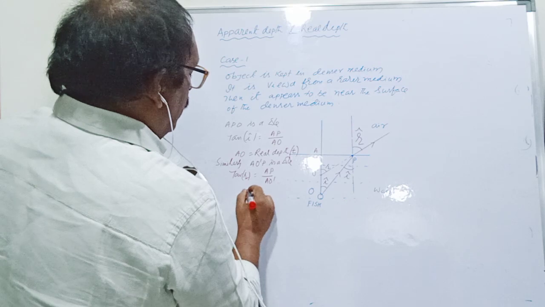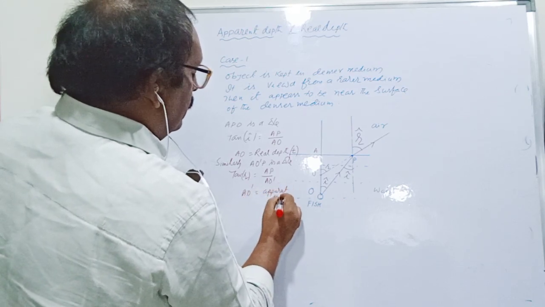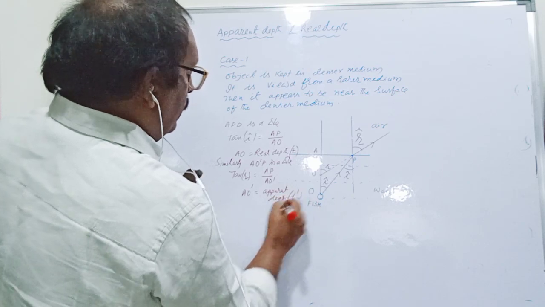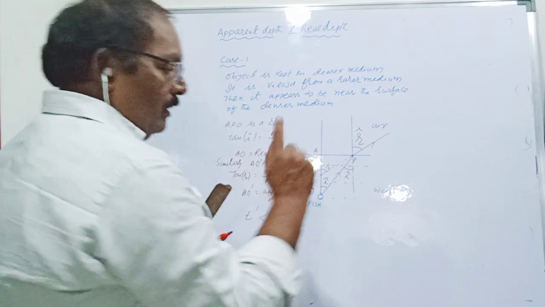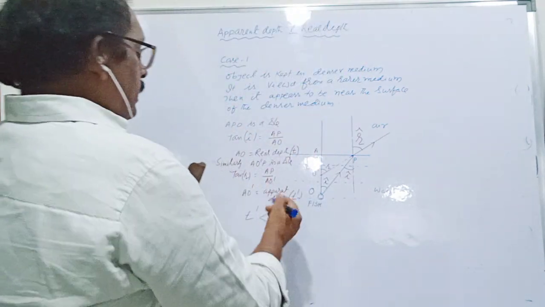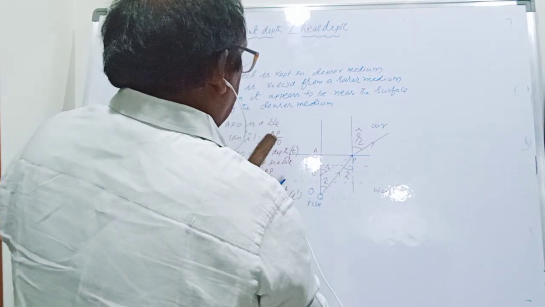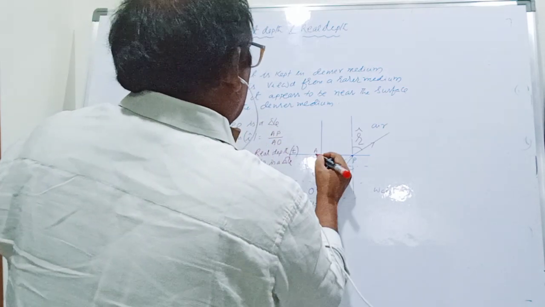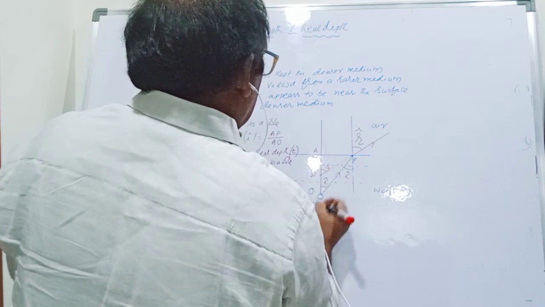What is AO prime? It is called the apparent depth. Apparent depth, I call it T prime. T prime is less than what? Very good. T prime is less than T. This distance is T prime. This distance is T.